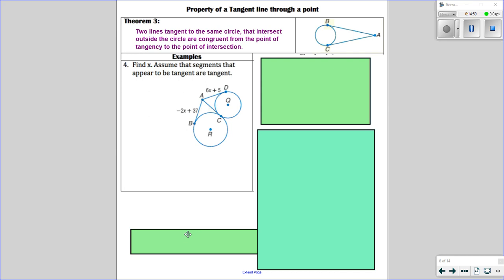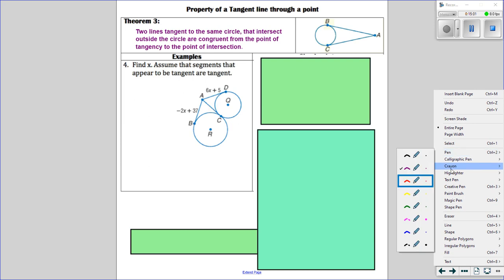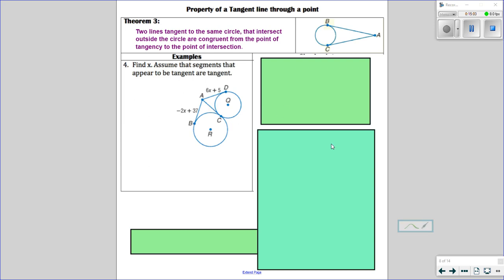As we can see in the diagram over there, we can conclude, based on our investigation, that AB is congruent to AC. So anytime you see two tangent lines and they intersect outside the circle, those two lines are going to be congruent. All right, let's look at an example based on that theorem.